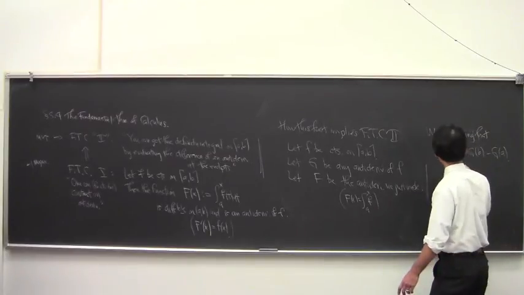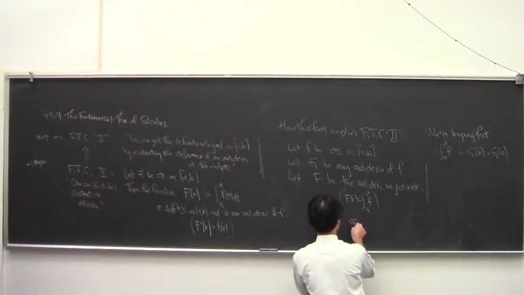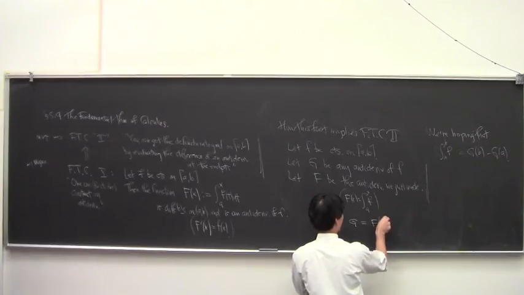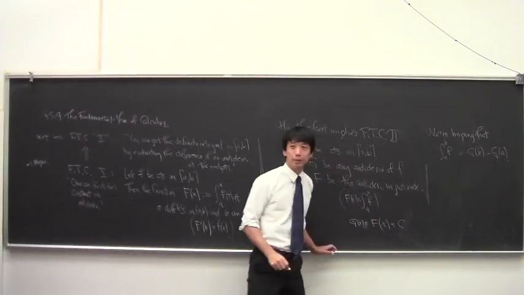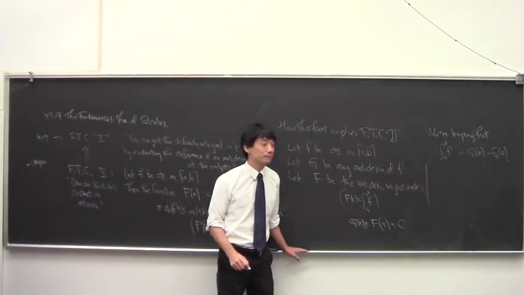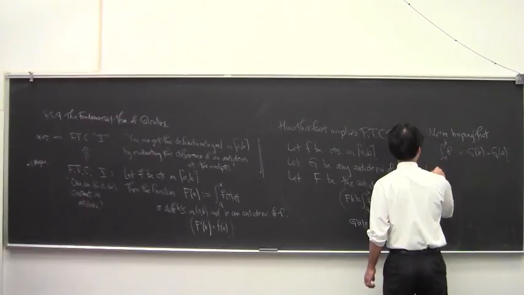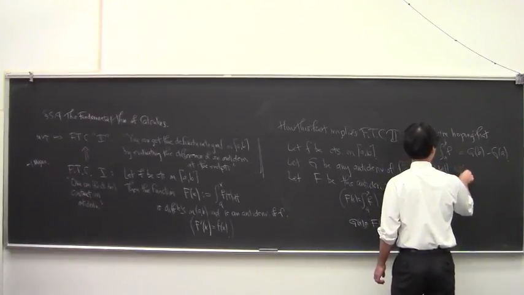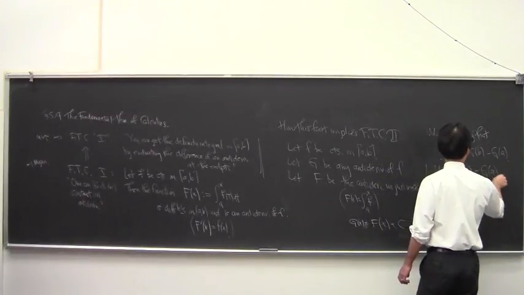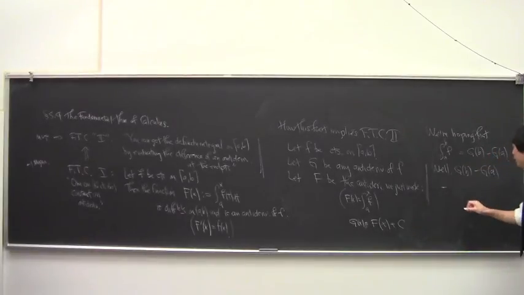Right, so we know that big G equals big F plus some constant. They have the same derivatives, so they must differ by a constant. So big G of b minus big G of a is going to be F of b plus the constant minus F of a plus the constant.